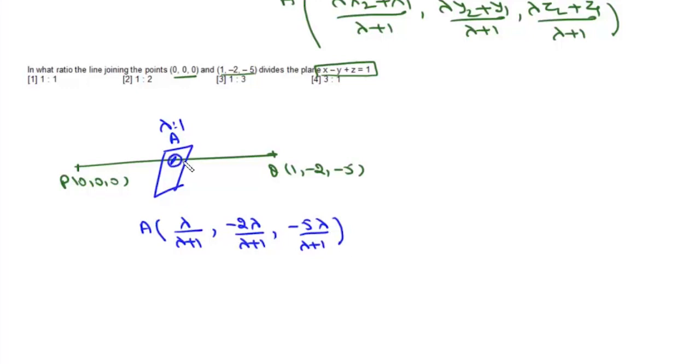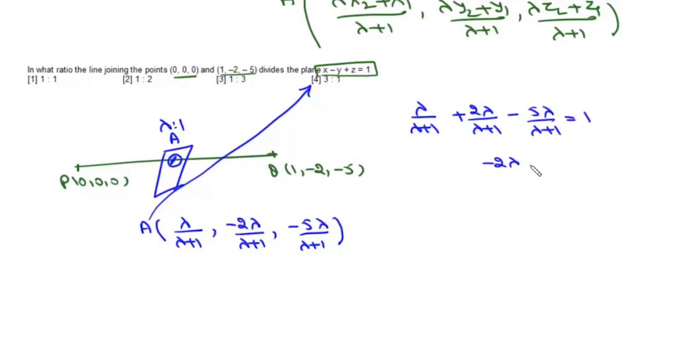Now this point A lies on this plane, so it will satisfy the equation of this plane. So we put the values of x, y and z here, we get lambda upon (lambda plus 1) plus 2 lambda upon (lambda plus 1) minus 5 lambda upon (lambda plus 1) equal to 1. Now this is minus 2 lambda equals lambda plus 1.